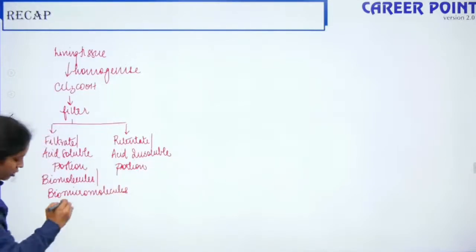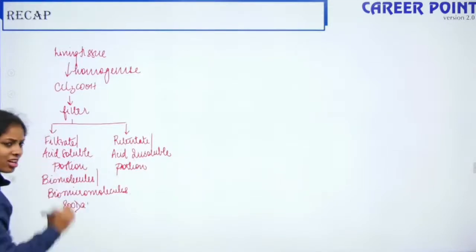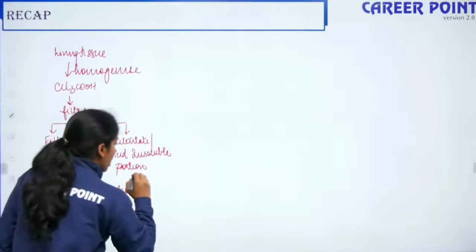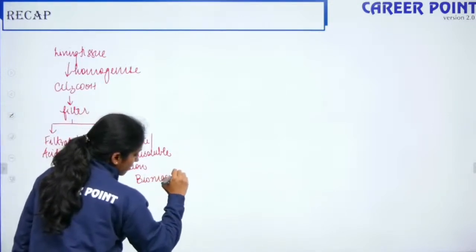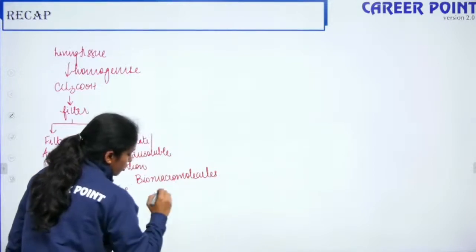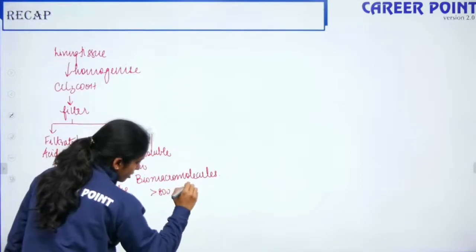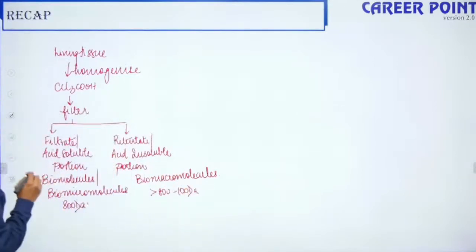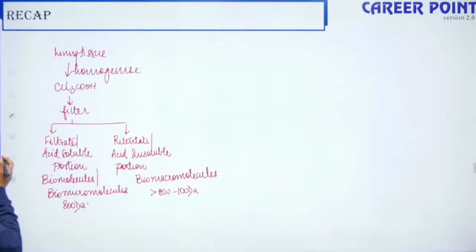They have a weight of around 800 Daltons, at the maximum 800 Daltons. Here in the insoluble portion are the biomacromolecules. They have greater than 800 to 1000 Daltons. So who comes under the biomolecule portion and who comes under the biomacromolecular portion?